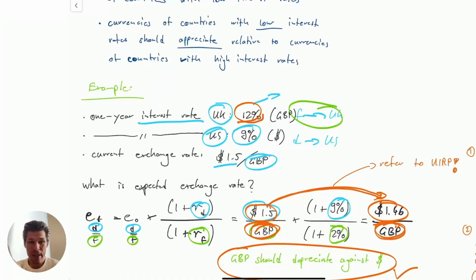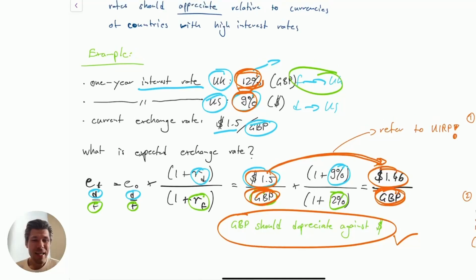So if the UK has a 12% interest rate, we would assume, simply speaking, that the UK has a higher inflation. It doesn't need to be 12%, but at least a higher inflation than the US. And because the UK has higher inflation than the US, the pound loses value and is worth less.